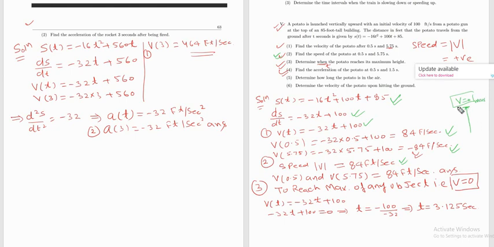So we must know what the velocity value is. Velocity we already have, minus 32t plus 100. So what we have to do is just replace v is equal to 0. So v(t) is this one, replace: minus 32t plus 100 is equal to 0. So t is equal to this many seconds. So this is your answer of when, meaning time.